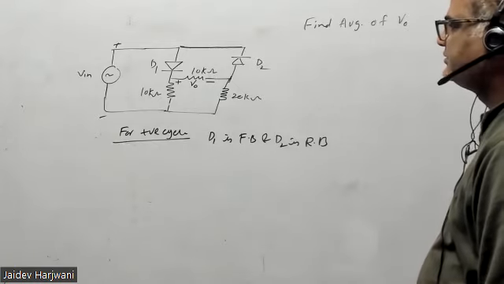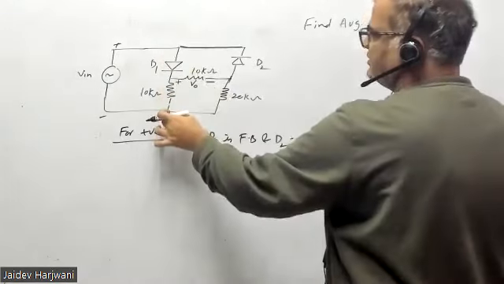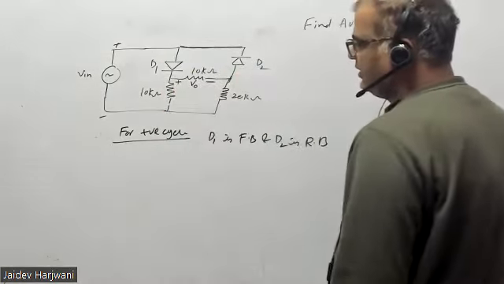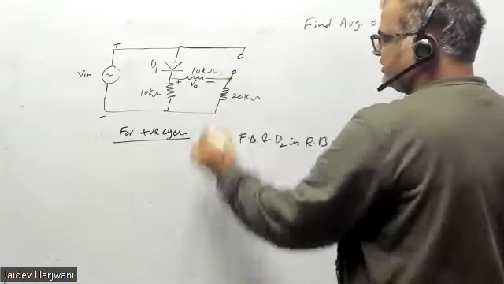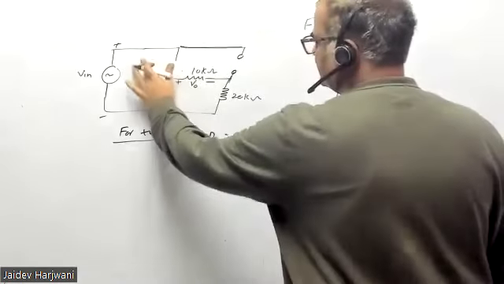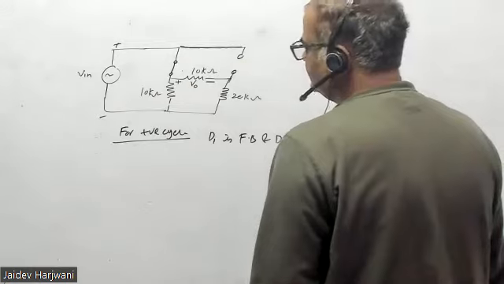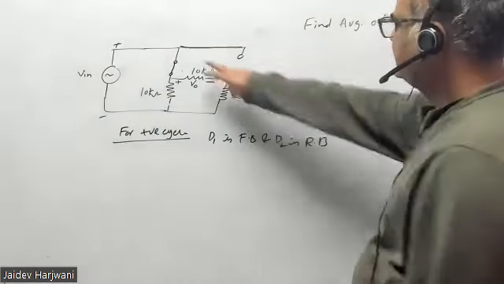You can clearly see now. If this point is positive and this is negative, automatically this is reverse biased, this is forward biased. So you can open this one, and for the first part you can short circuit this one. So this is basically your circuit. Basically, this part is not there.